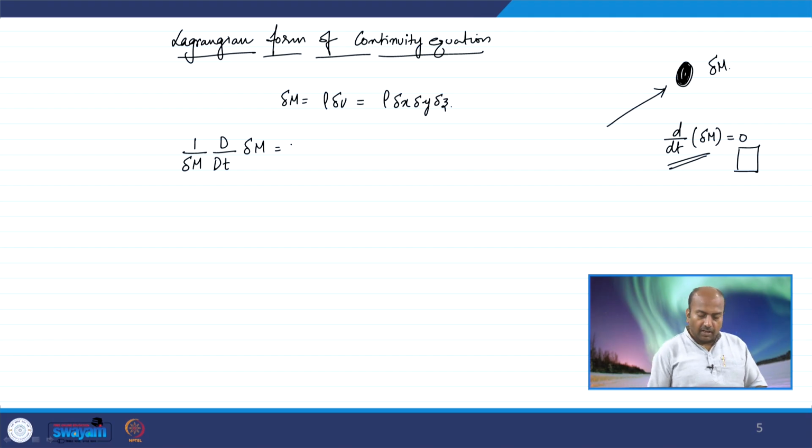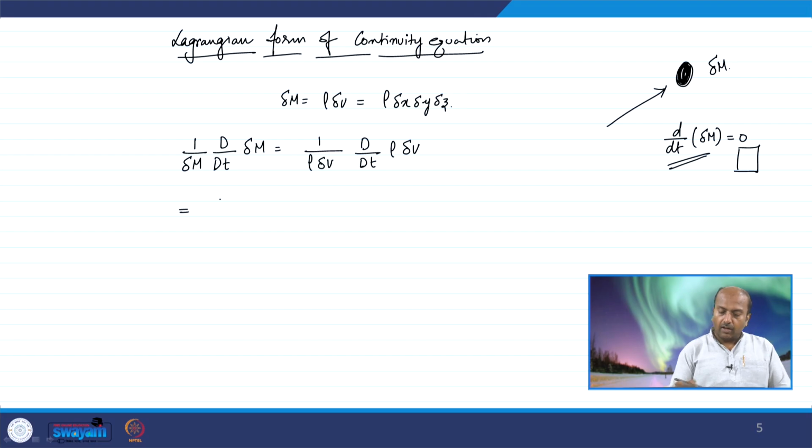So this can be written as 1 by rho delta v, D by Dt of rho delta v, which will be, so I have to expand delta v as delta x, delta y, delta z and apply the derivative one after the other consecutively. So which will be equal to 1 by delta v.